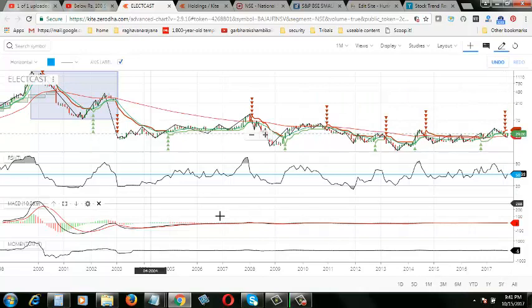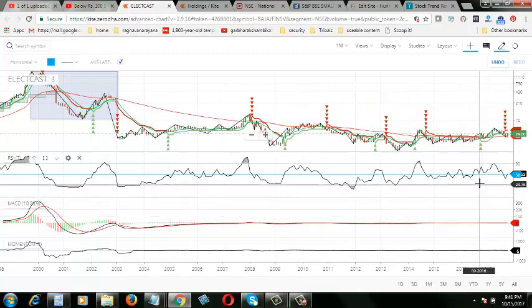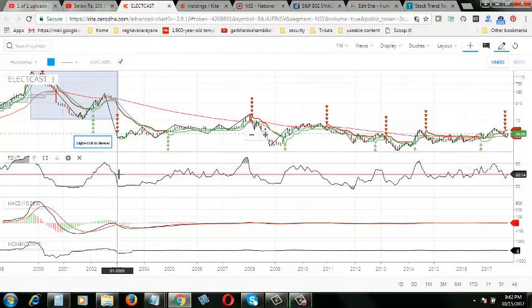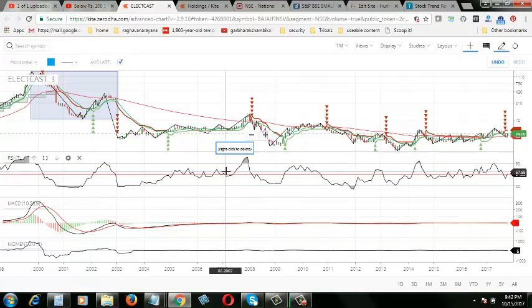Okay, and the second thing is the RSI. If you look at the RSI, there are a few peaks here and there. In the last 17 years it peaked only three or four times. Again, this peaking depends upon the parameter that you are using. Here I am using 7, but if you go for 10 or something, then you may see very few peaks.